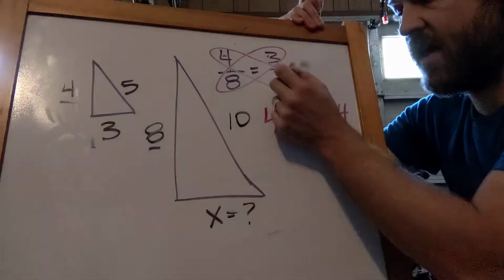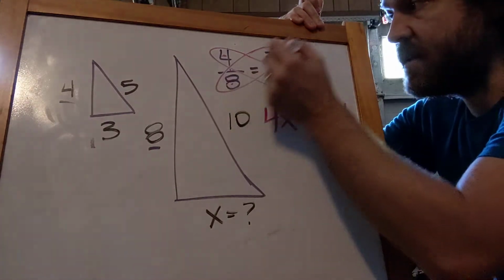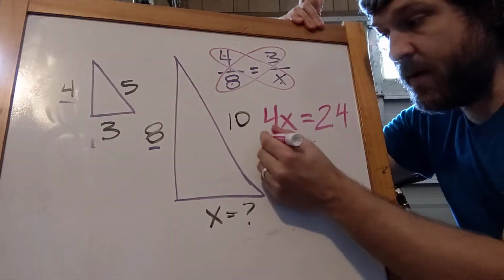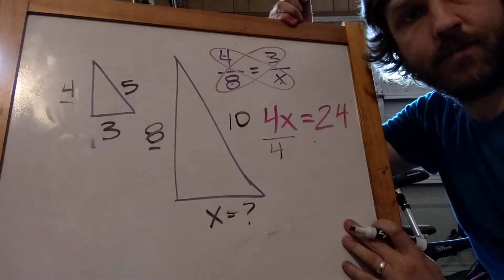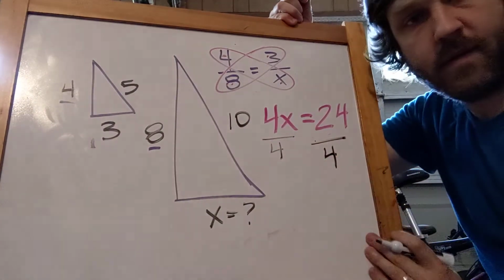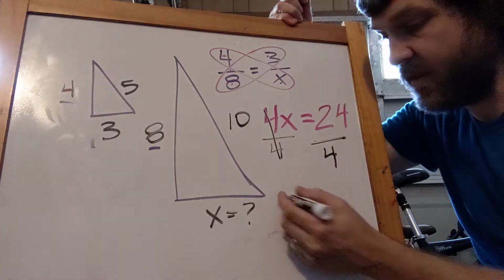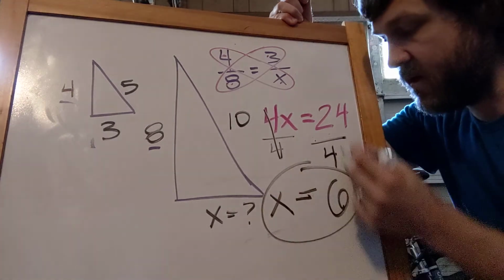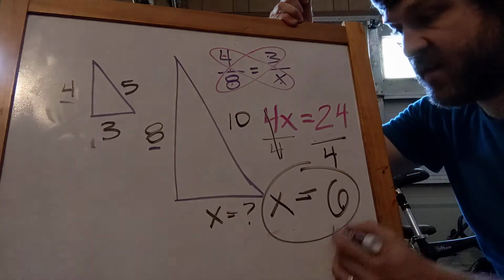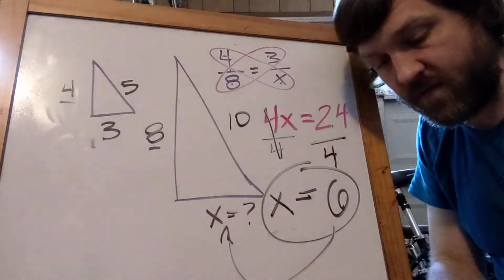So 4 times x is 4x, 8 times 3 is 24. Then I'm going to divide by 4, and that cancels, leaving me with x equals 6, because 24 divided by 4 is 6. And so that's going to be the answer for that missing part.